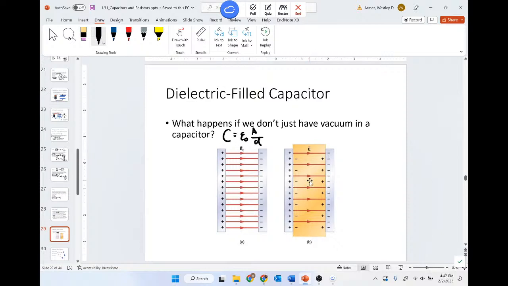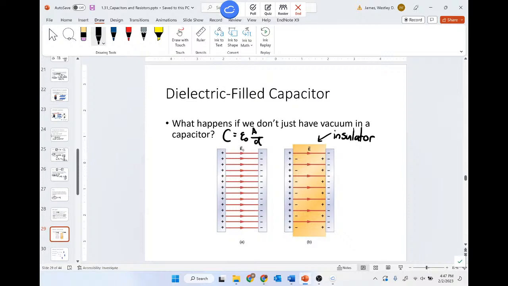We want that thing to be an insulator. If we make it a conductor, our capacitor just turned into a wire, and what was the point? We got to keep those charges separated. If we put a conductor, they can move from one into the other, and that defeats the purpose. So this dielectric is an insulator, and it is going to allow us to store more charge.